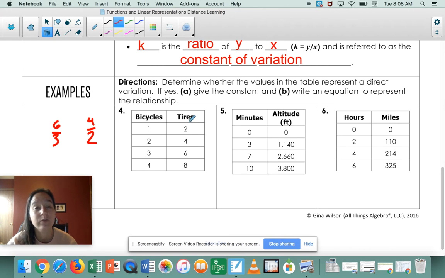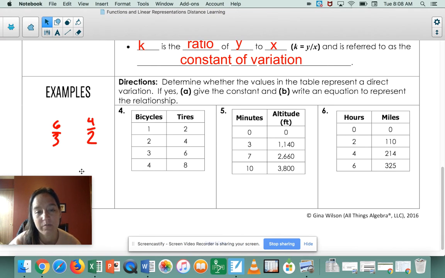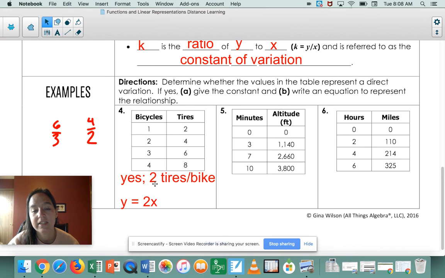This one has a direct variation. And because it has a direct variation, I can take that answer to that division problem and make it into 2 tires per bike, because I got 2. So 2 tires per bike, which means the equation would be y equals 2x. Now, if these weren't equal, I would have been done.